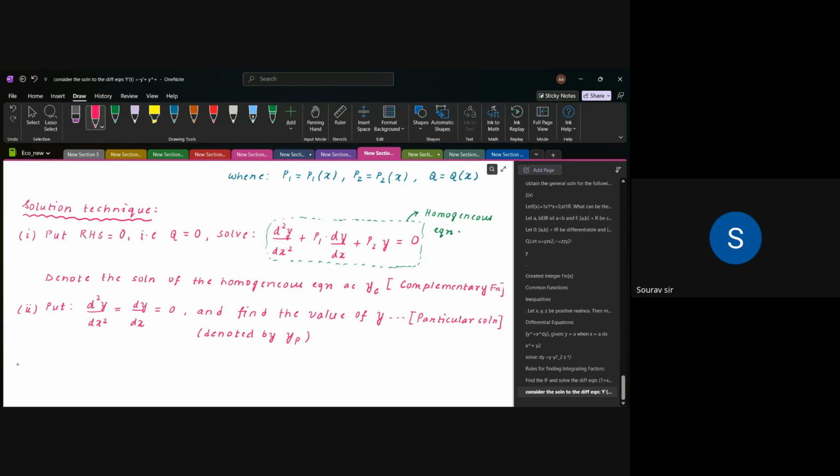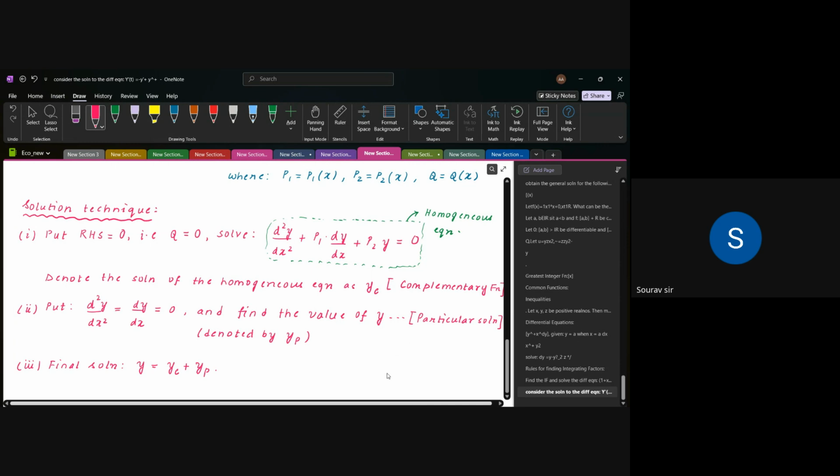And finally, the third step: the final solution is y is equals to yc plus yp. So these are the three steps of solving your second order differential equation. I'll go through them once more.